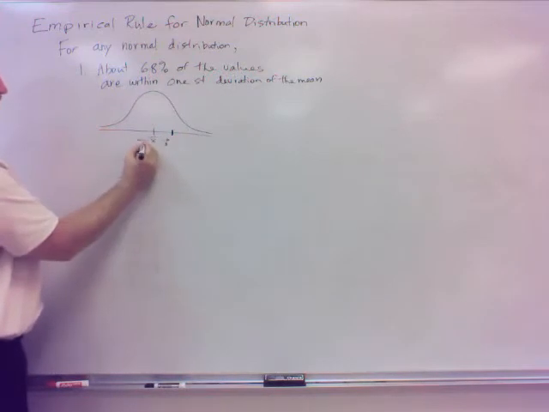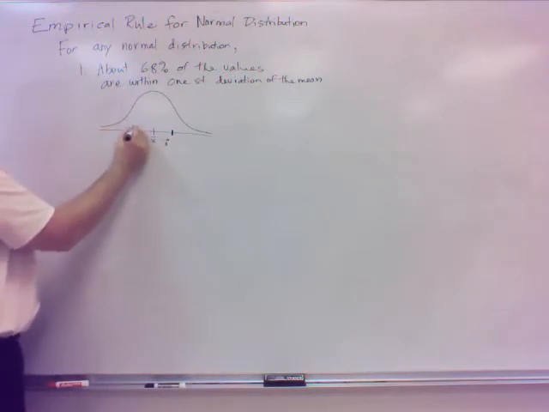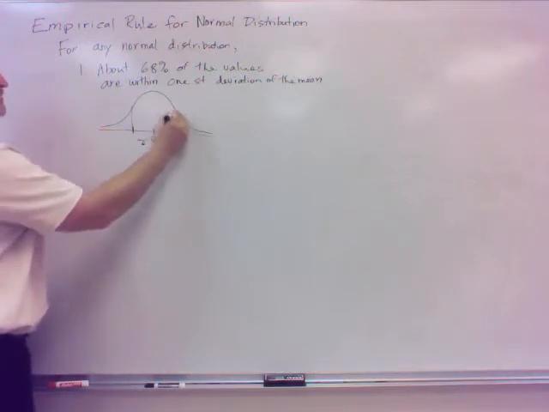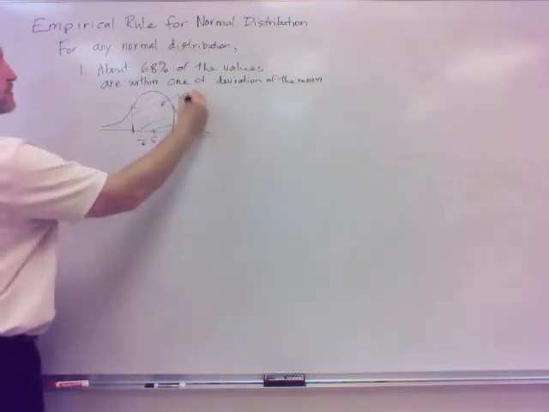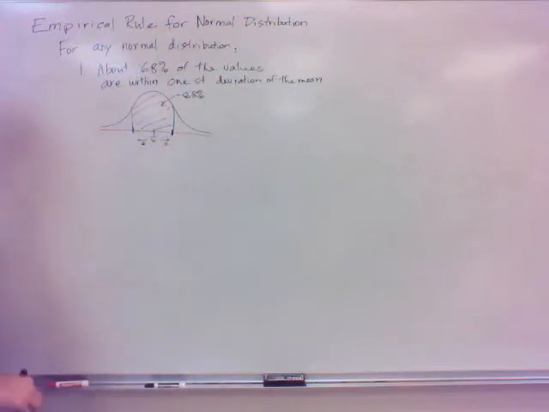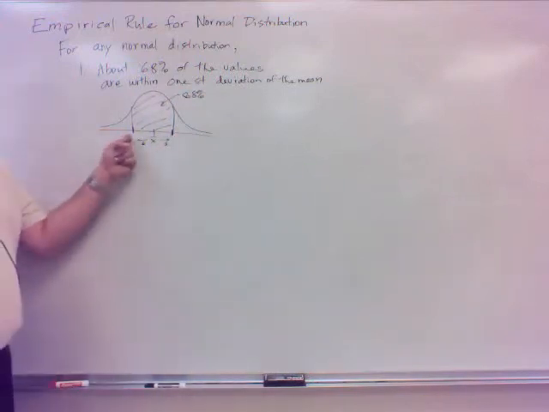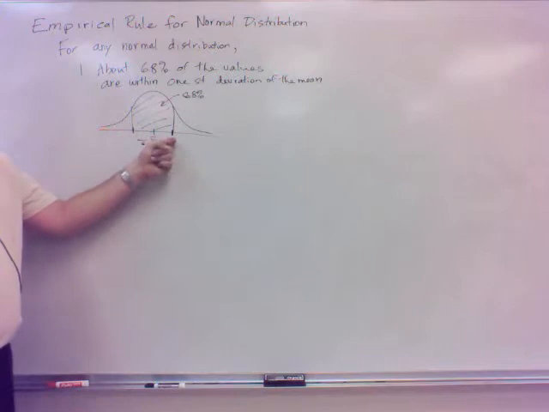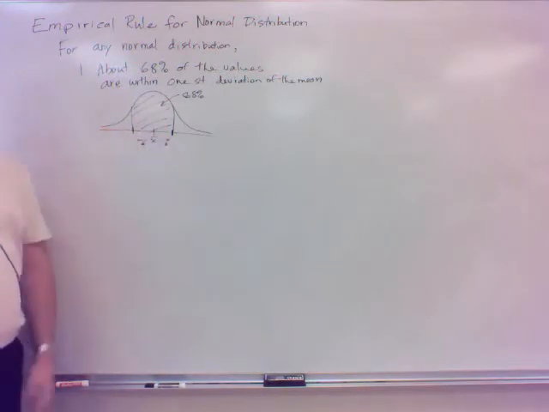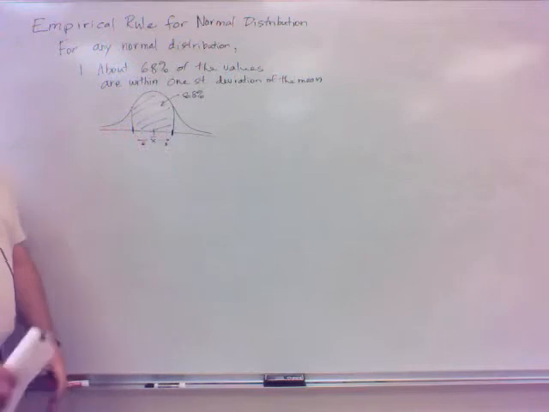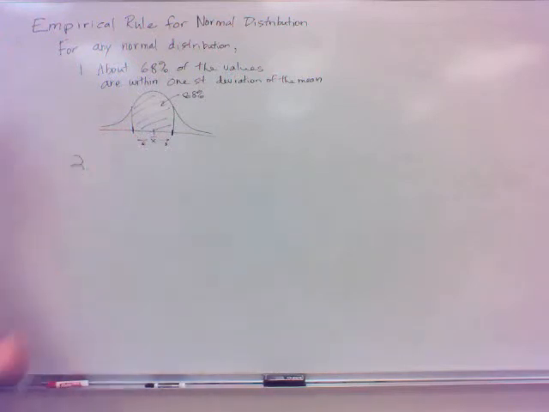And if I go backwards, a standard deviation to that, what that tells me is 68% of the values are in here. 68% of the values are from this value, that's one standard deviation below and one standard deviation above. That percentage between them is 68%. Okay? But let me go ahead and do all of them.